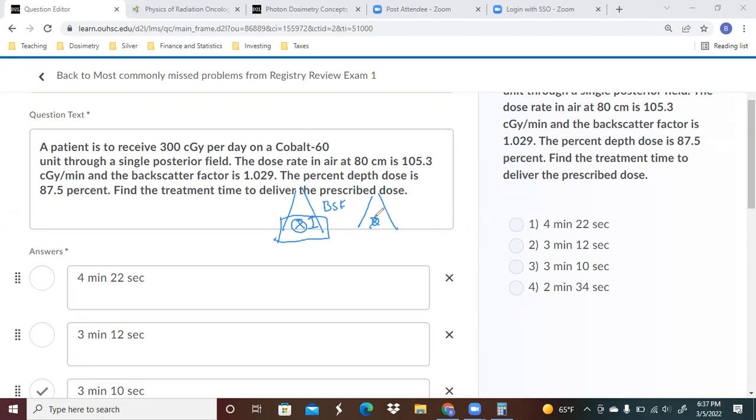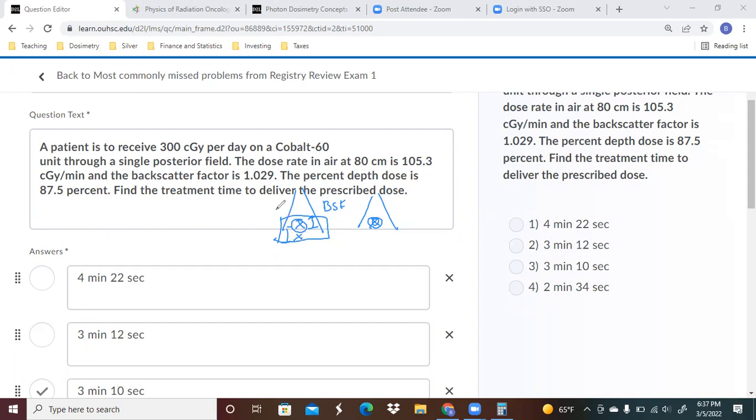We've got a small buildup region around this in air. This is independent of the PDD. So the backscatter factor helps us get from air to the maximum depth in the patient. PDD helps us get from here down to some other depth beyond this.